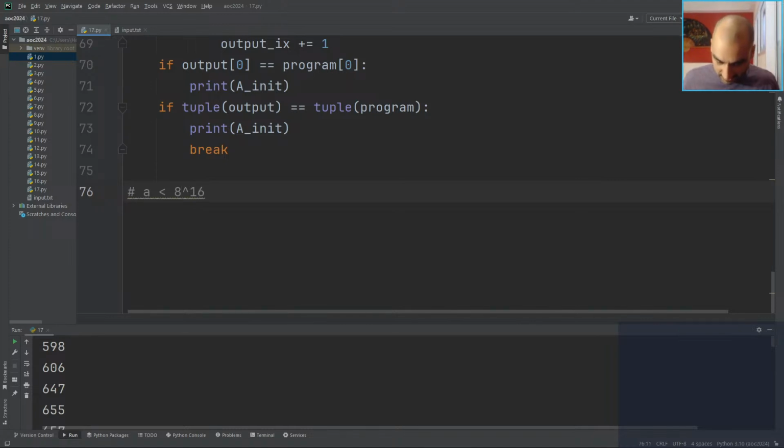If it's 8 to the power of 16, then we get 1 extra at the end. So it has to be strictly less than 8 to the 16. And I suppose it also has to be greater or equal to 8 to the 15? Is this right?